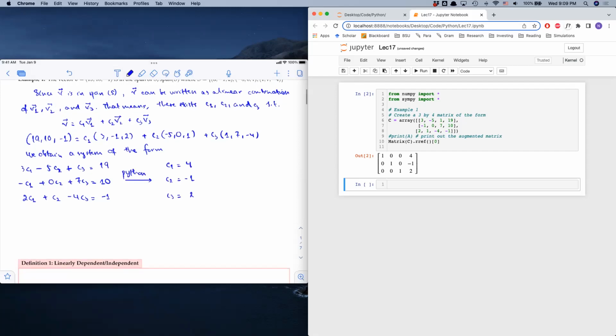V is equal to 4 times V1 minus V2 plus 2 times V3. So again, V can be written as a linear combination of V1, V2, and V3, with C1 equal to 4, C2 equal to -1, and C3 equal to 2.